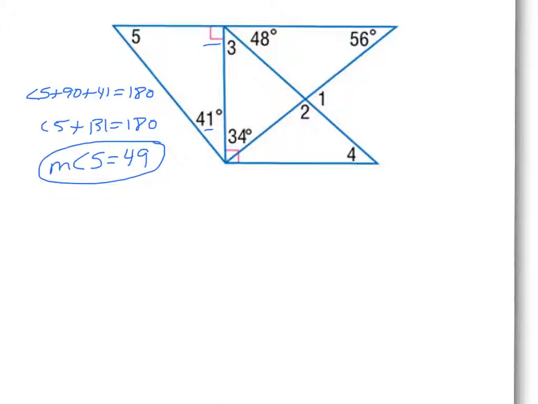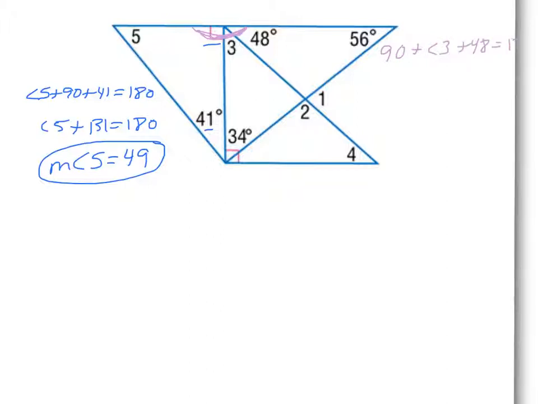Okay, now the next one that I would look at, angle, let's see, 3. We have a straight line here, so all these angles are going to add up to 180 degrees. That leaves us with a right angle, which is 90, angle 3, and 48 degrees.